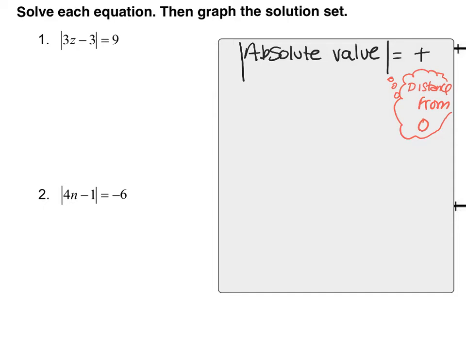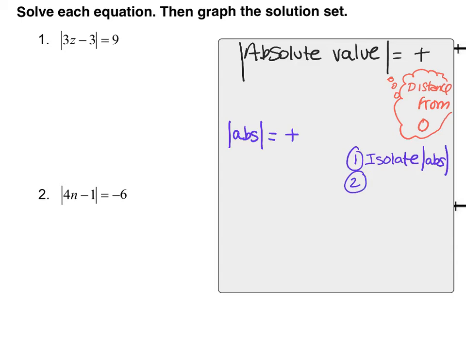So we talked about with absolute value equations the idea that when you have an absolute value equation, it should always be equal to a positive. And the steps to solving absolute value equations are, first, you need to make sure that you isolate the absolute value part.